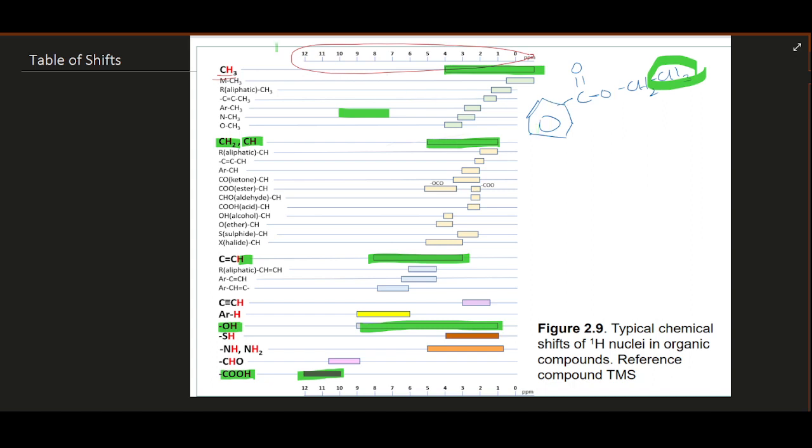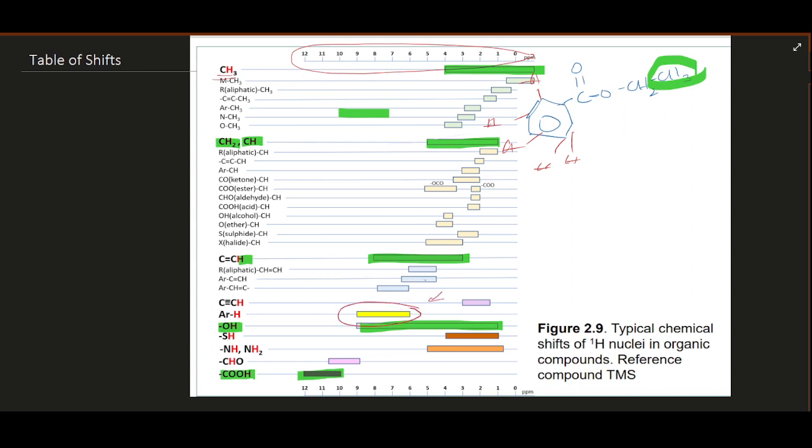There are also protons here in the benzene ring. There are 5 protons, and the protons around the aromatic ring have a chemical shift value of 7 to 8.